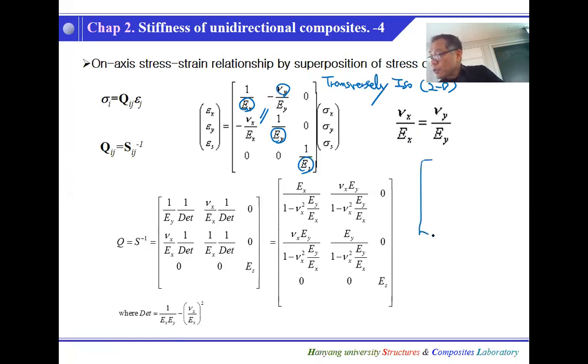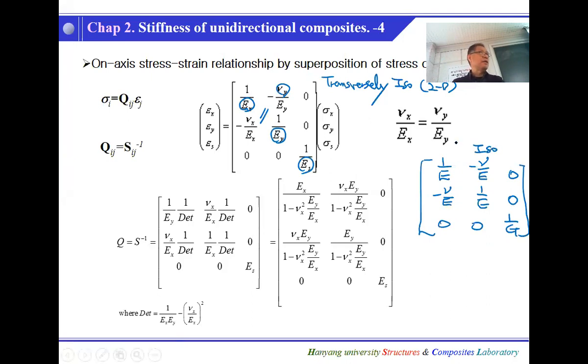So in case of isotropic, we simply have 1 over E, Poisson's ratio over E, and 1 over E, and 0, 0, 1 over G. These are the compliance terms for the isotropic material, right?